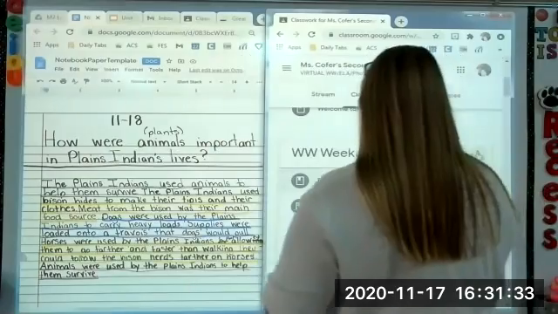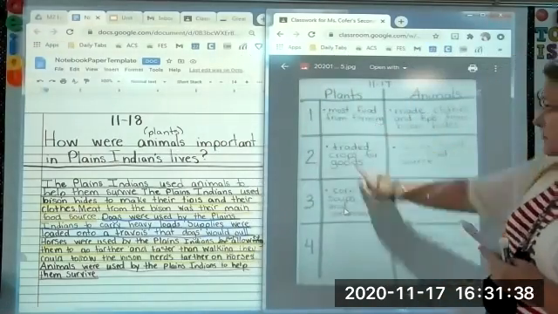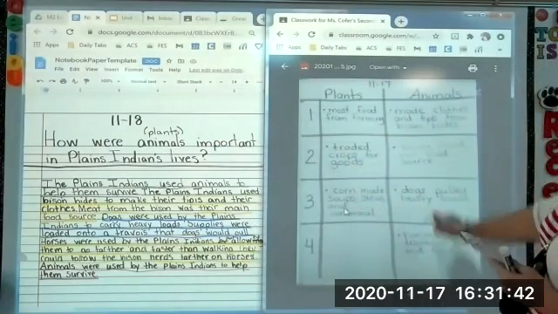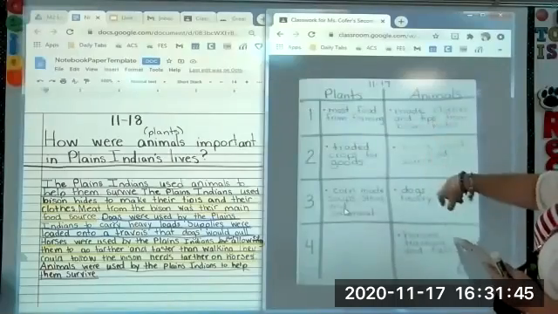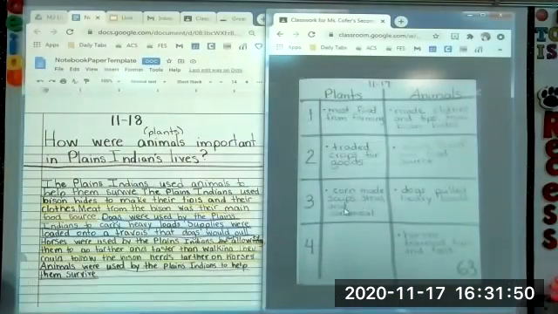I will point out even more topic-specific words. Farming, crops, corn, dogs, horses, bison, clothes, teepees. Those are all topic-specific words, okay? So those are the things that you need to have in your paragraph. And remember, this is your first time that we're writing it as a paragraph without skipping lines, without writing topic statement and conclusion, okay? You're just going to write it the way it would look in a book.